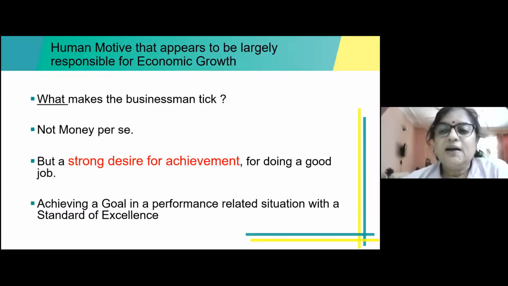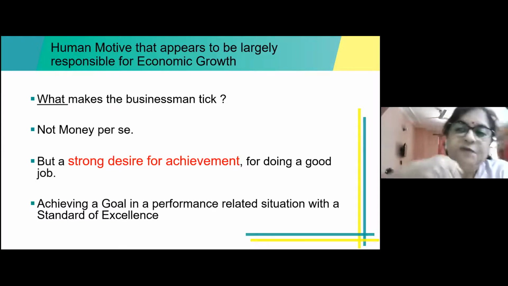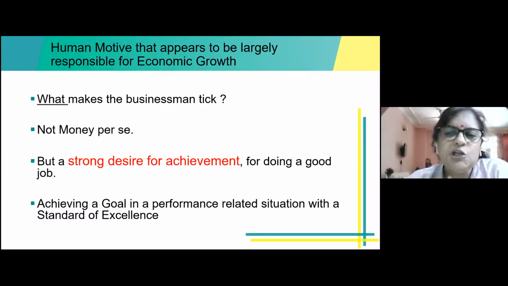But what McClelland researched and found out was that it was a strong desire for achievement, for doing a good job, and profit was the feedback of whether the job had been well done or not.